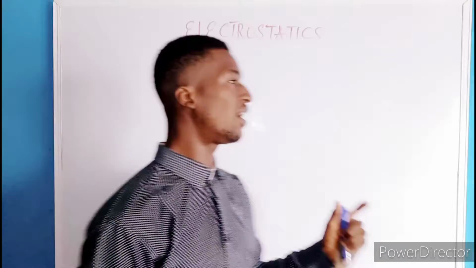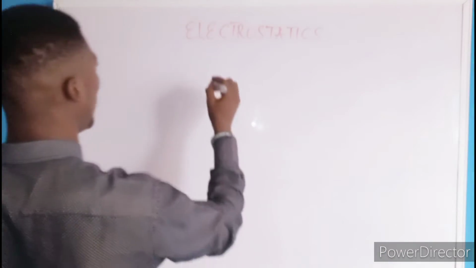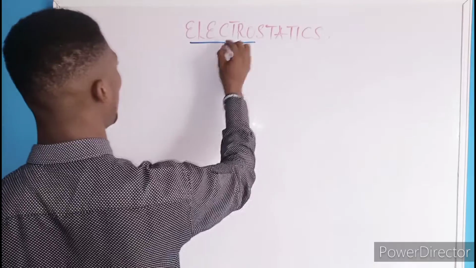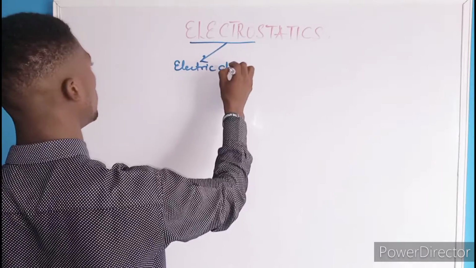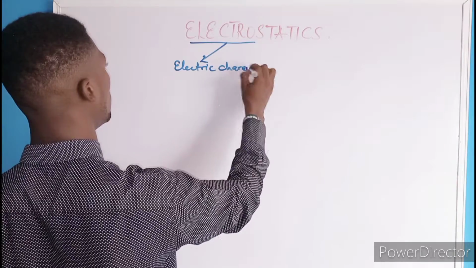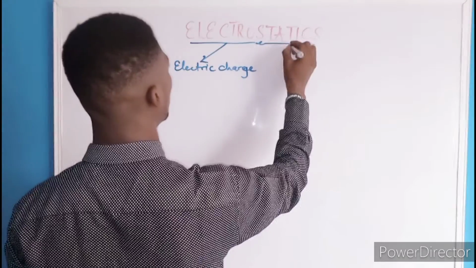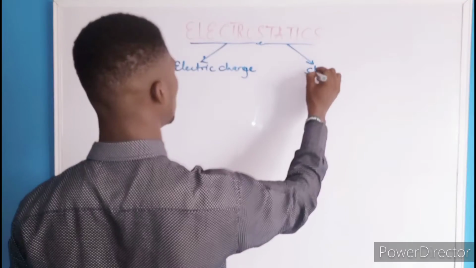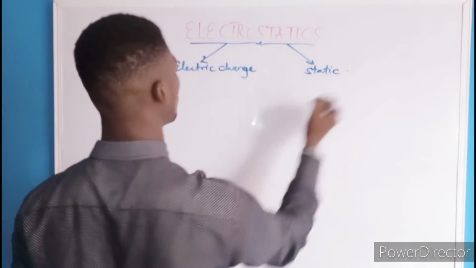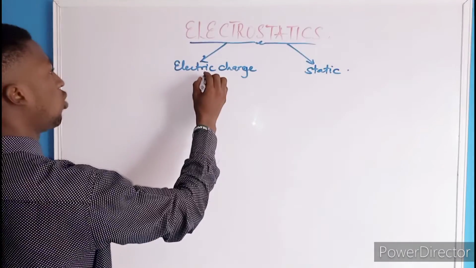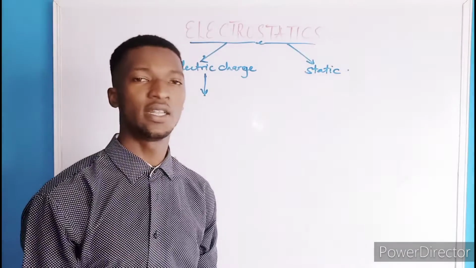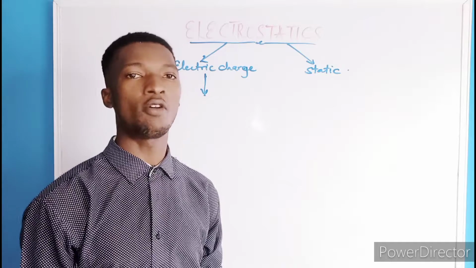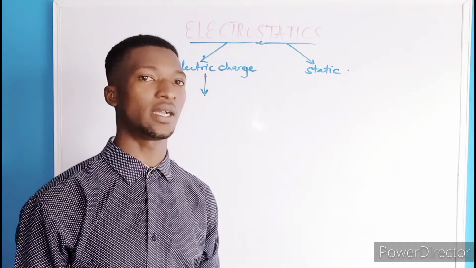What is electrostatics? Now, this term is derived from two words. We have the electric charge and as well the term statics. The word electric charge simply means the fundamental property of an atom that makes up matter.